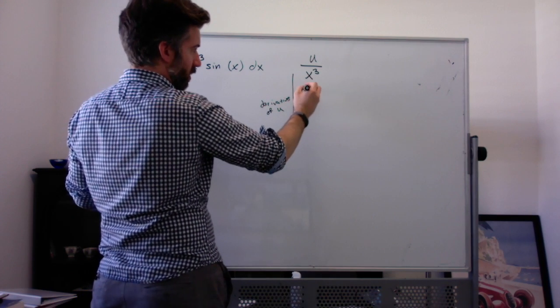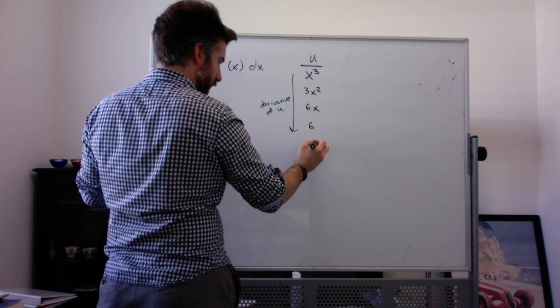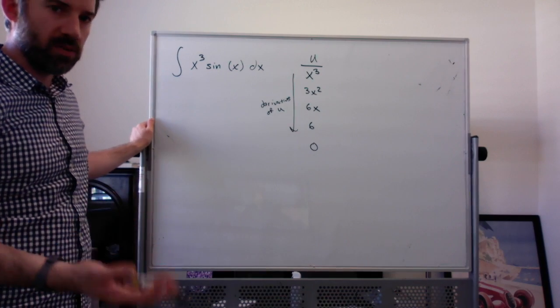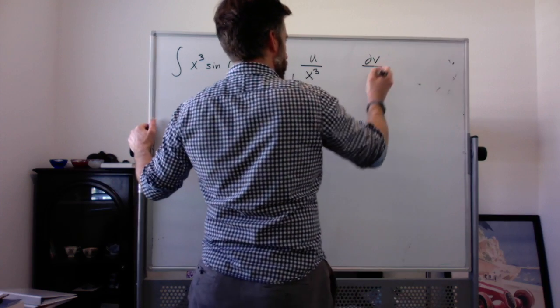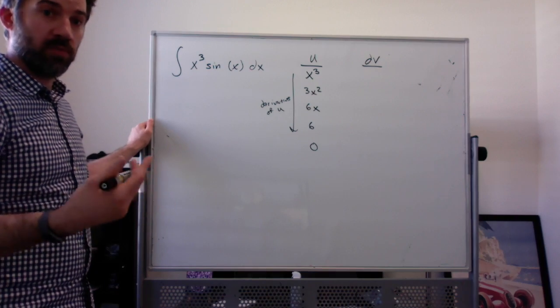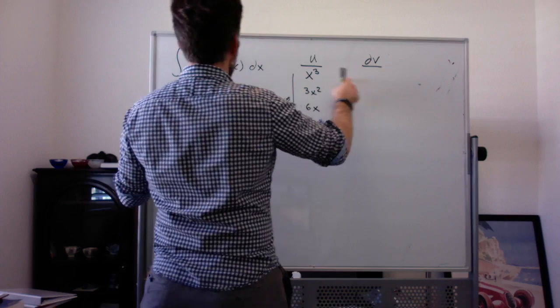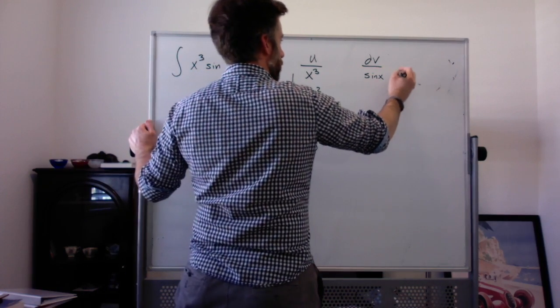The derivatives of x cubed are 3x squared, 6x, 6, and 0. If you don't get to 0, it means you shouldn't be using tabular. The only choice you should ever have when using tabular is x to a positive integer power, like 3 or 7 or 19. dv, I'm still making the same choice, it's sine of x.